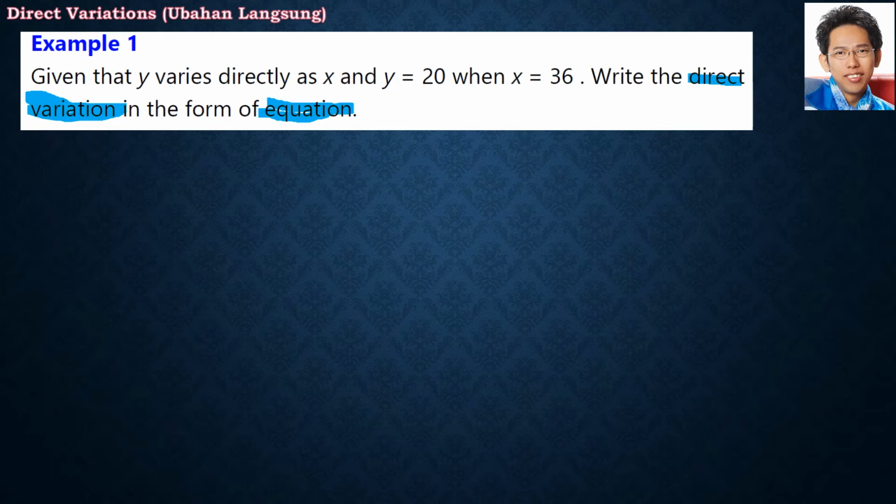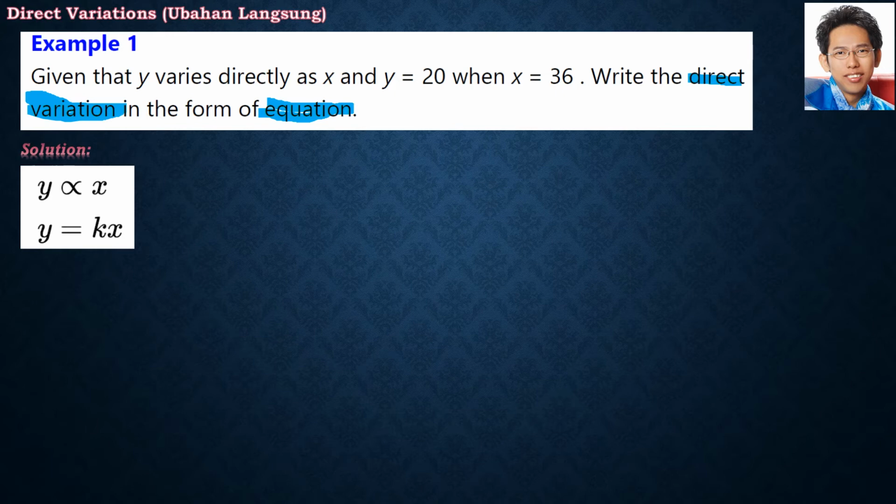Okay, the first thing is to write down, because here y varies directly to x. Okay, so that's why here is y varies directly to x.